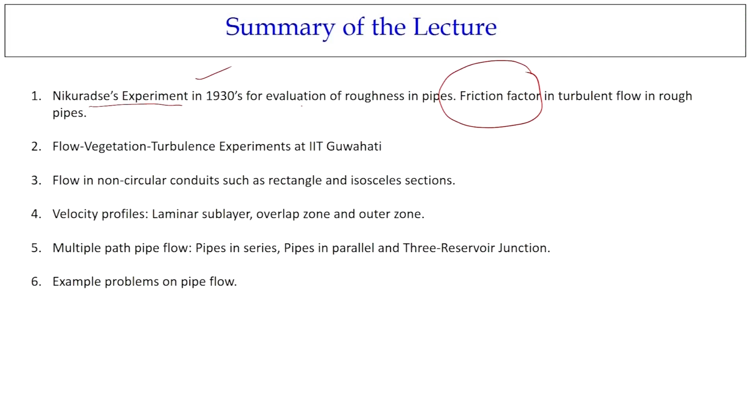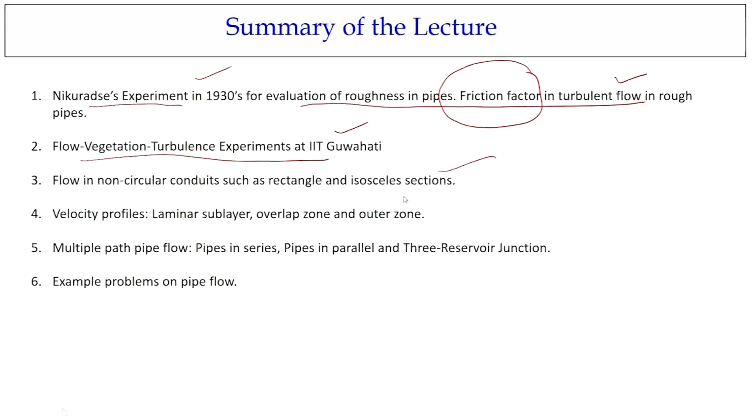It is quite interesting and inspiring to know that a series of experiments can help us understand very complex turbulent flow in rough pipes. We also showed examples of similar experiments we have been conducting at IIT Guwahati.